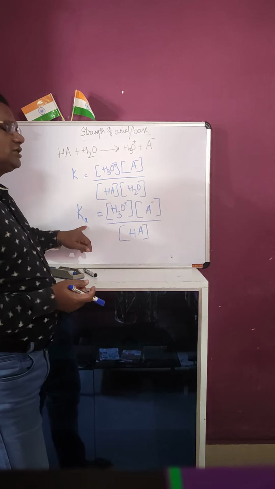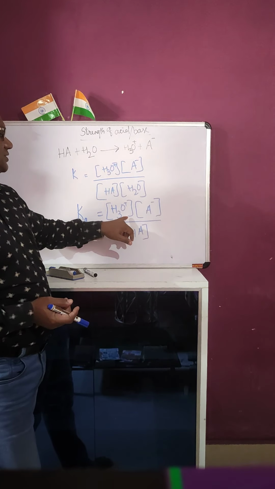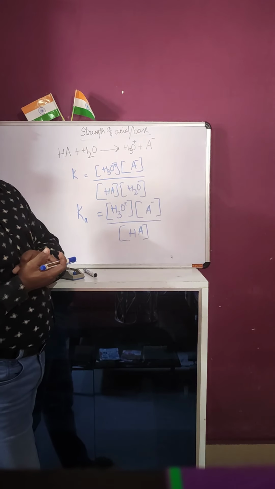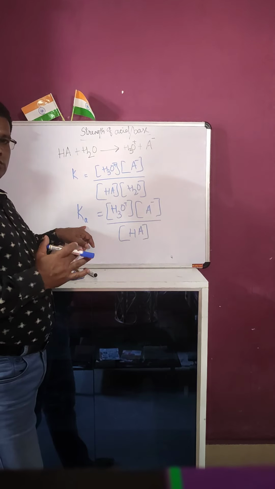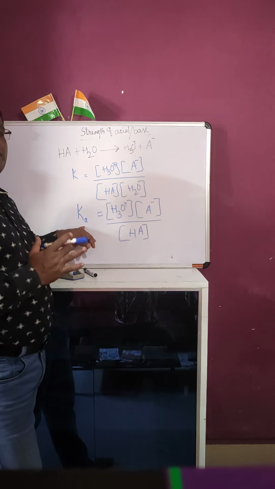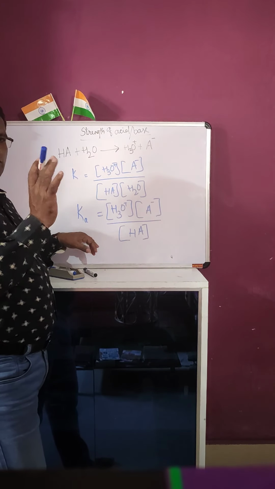Similarly, lower the value of Ka, the molar concentration of H3O plus will be less and the weaker the acid. So if the value of Ka is more, it is said to be a strong acid. If the value of Ka is less, it will be called a weak acid.